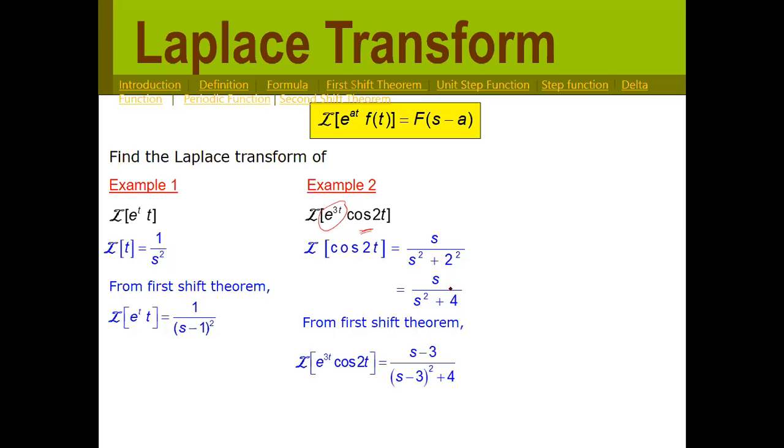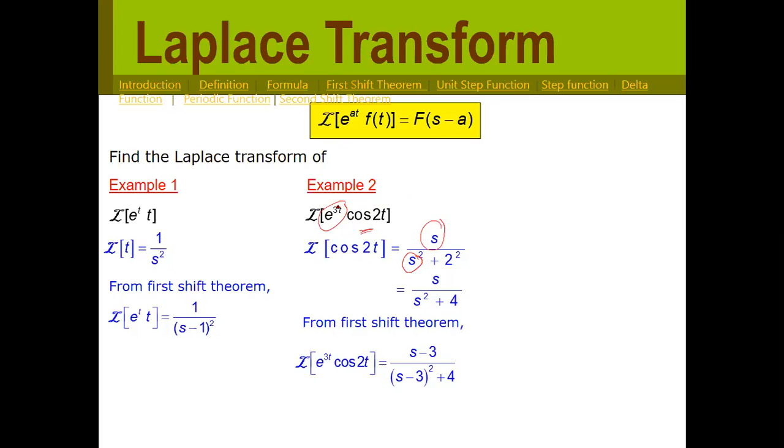Okay. So sekarang a dia berapa dekat eksponen ni? A dia adalah 3. So di setiap s, mana s? Sini ada s. Sini ada s. Di setiap s berlaku anjakan ataupun berlaku shift menjadi s tolak 3.